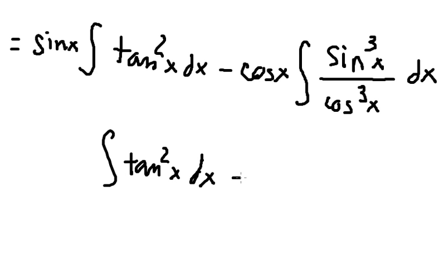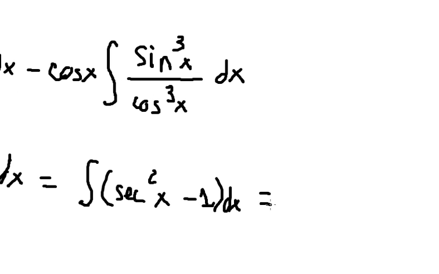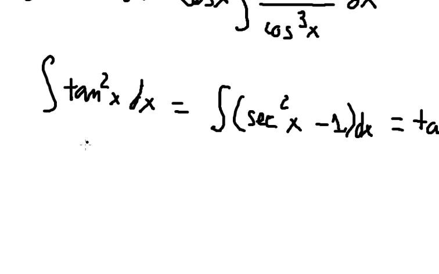We know that tan x squared is secant of x squared minus 1. And the integration of secant of x squared is tan x, and the integration of 1 is x. Now let's go to the second one.